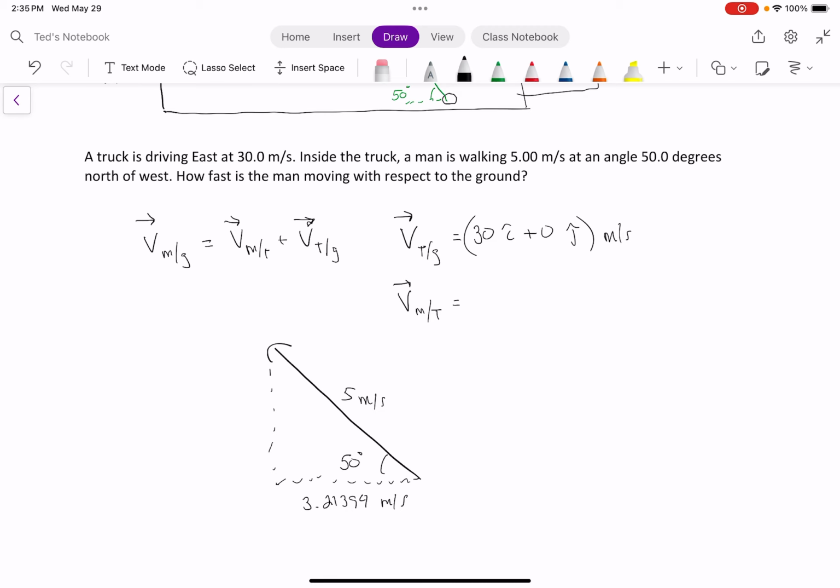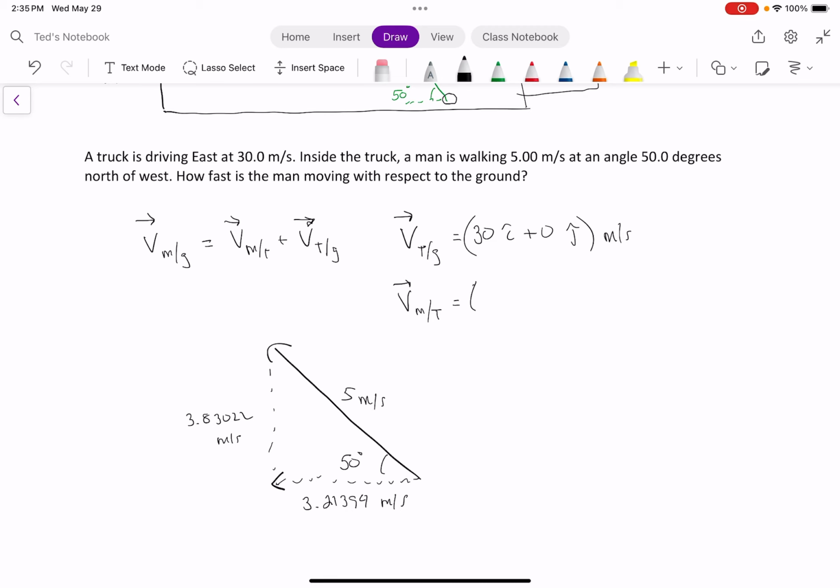And that's going to give us 3.83022 meters per second. Now, when I go to put this into i and j notation, I need to be careful about signs, positives and negatives, because this is to the west, and so it's going to be a negative i hat.